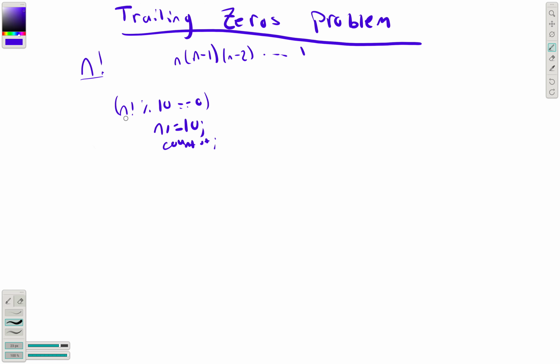You can't do that because n factorial is honestly an enormous number. Even if you start off with a relatively small number like 20 or 30, 30 factorial is way bigger than the max int. It's not going to work. Once you get up to 40, you're done, and you need to be able to handle any number.